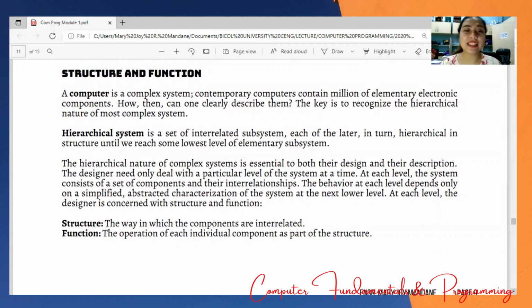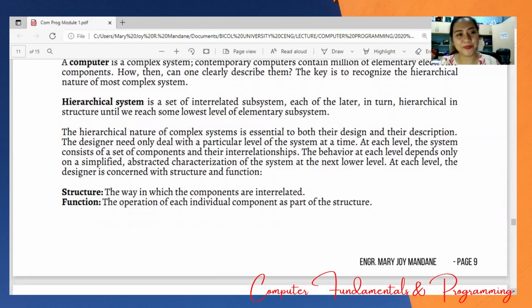So, a system is a set of interrelated subsystems, each of the latter in turn hierarchical in structure until we reach some lowest level of elementary subsystem. Hierarchical nature of a complex system is essential to both their design and their description.